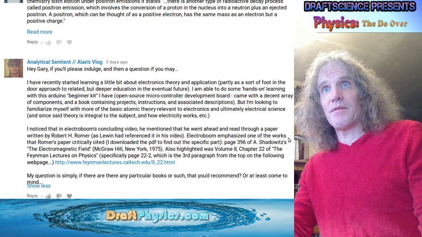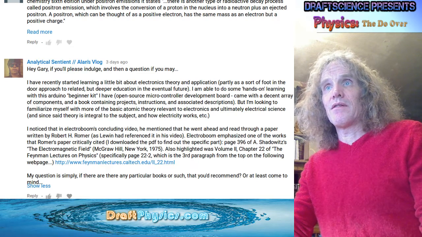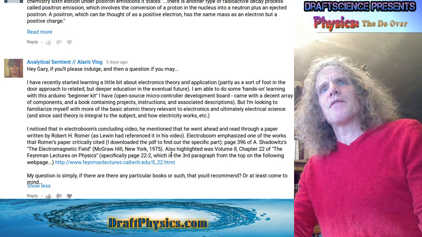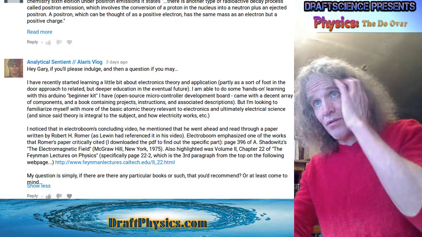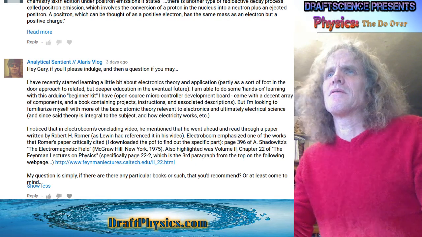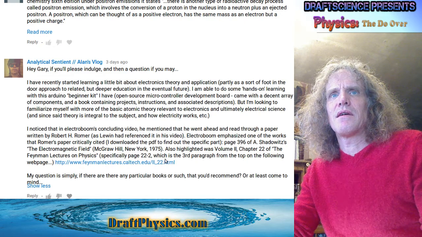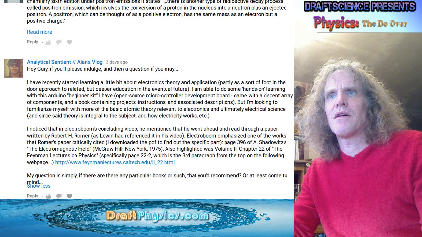It has an open source microcontroller development board, came with a decent array of components and a book containing project instructions and associated descriptions. Yeah, that's the way to learn, is to blow up a few things. But I'm looking to familiarize myself more with the basic atomic theory relevant to electronics. I don't know if I'd call it atomic theory, but I suppose it is. And ultimately electrical science, since said theory is integral to how electricity works.